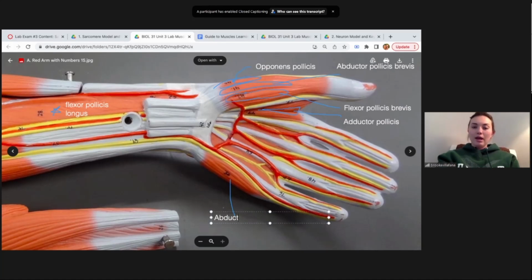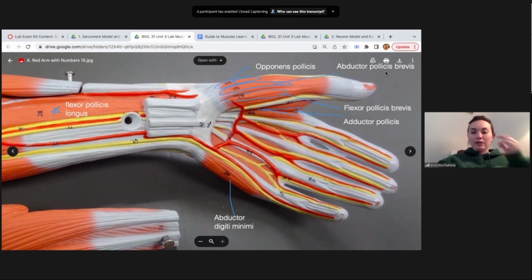And this is, again, abductor. It abducts or brings out from midline the pinky. So again, the muscles are very logical. Abductor digiti minimi abducts the pinky. Abductor pollicis brevis is the short muscle that abducts the thumb.